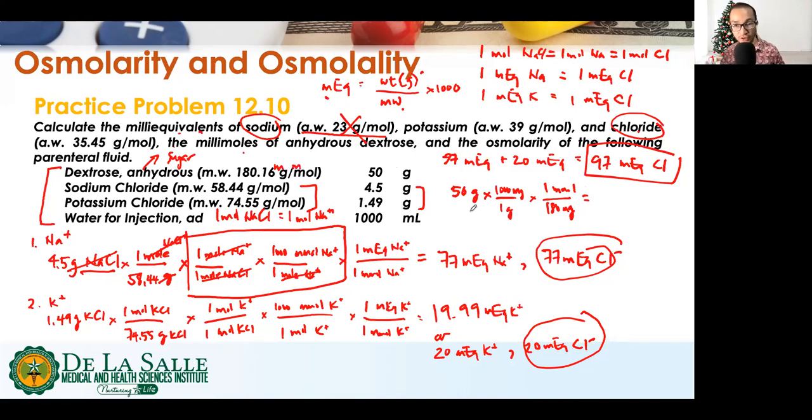So 50 times 1,000 divided by 180 is equal to 277.78 millimoles of dextrose present in the solution. I hope you got that part.